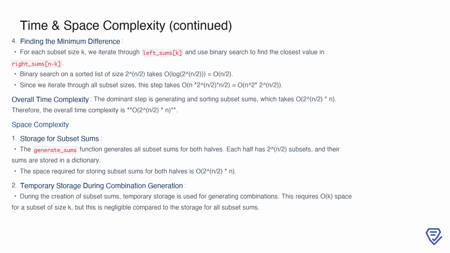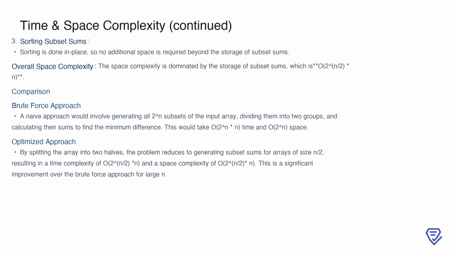On the space complexity side, the storage requirements for subset sums dominate. Specifically, the generate_sums function stores all subset sums for both halves, requiring O(2^(n/2) * n) space. Additionally, when generating subset sums, temporary storage is used for creating combinations, which requires O(k) space for a subset of size k.